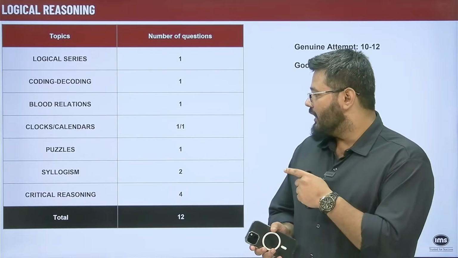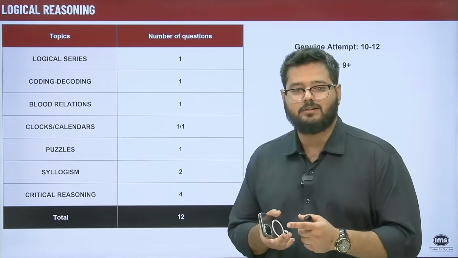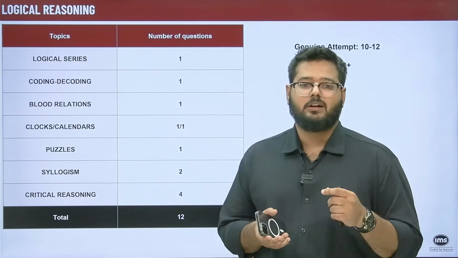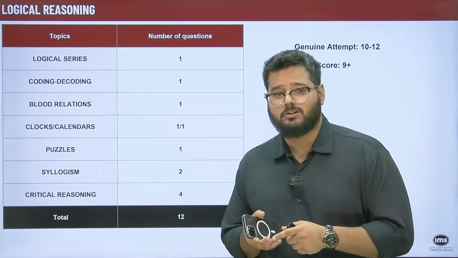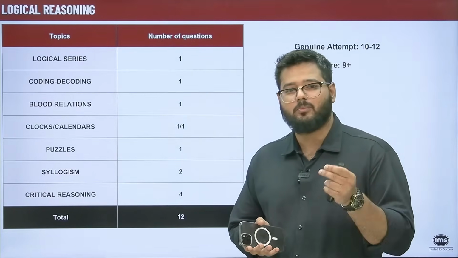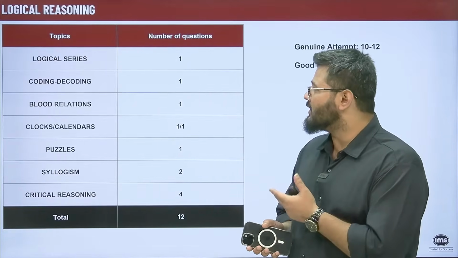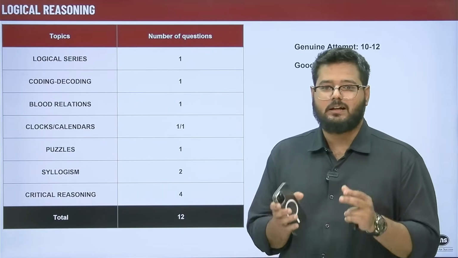And there were four questions on critical reasoning. When I'm talking about critical reasoning: statements, assumptions, statement, conclusion, course of action. So there were traces of one question from each and every subsection. That was the overall breakup of your logical reasoning.